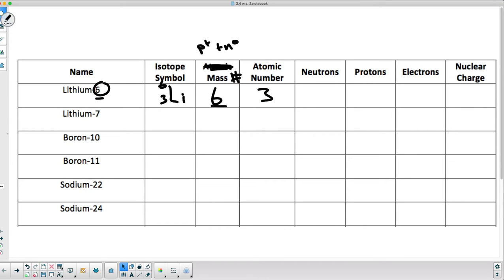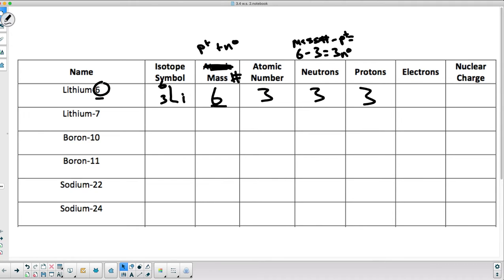For lithium, it's 3. Number of neutrons is very simple. We're going to take the mass number minus protons. And whatever that equals is the number of neutrons. In this case, the number of neutrons is 3 because 6 minus 3 equals 3 neutrons.